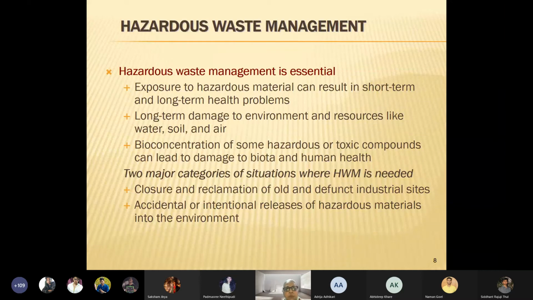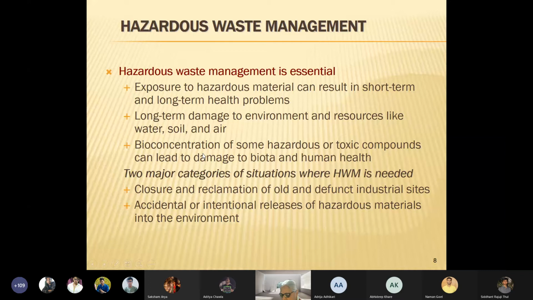So we are going to look at hazardous waste management and look at some of the short-term and long-term health problems associated with exposure to hazardous material. We know that there can be long-term damage to the environment and to the air, water, soil, all of this. And the biggest issue that is associated with hazardous or toxic compounds is bioconcentration.